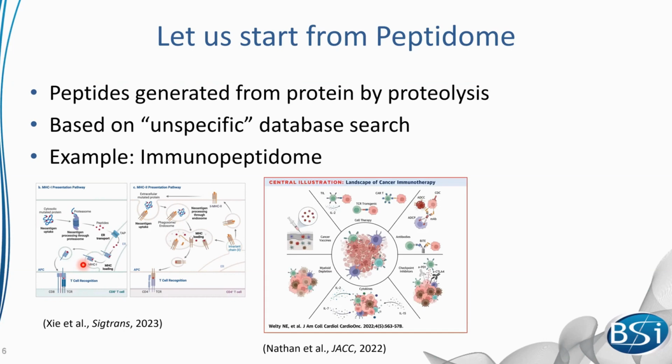So why we are so interested in the immunopeptidome is that the immunopeptidome can link to a very hot research area now. It's the cancer immunotherapy. So we can do the CAR T treatment, or we can develop the mRNA vaccine based on the immunopeptides.